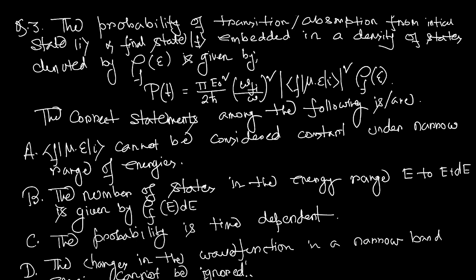So this problem needs a little bit of understanding. Previously we dealt with an n-level system where transitions only happened between the I and F states, a discrete transition. Now let us make the situation much more complicated.